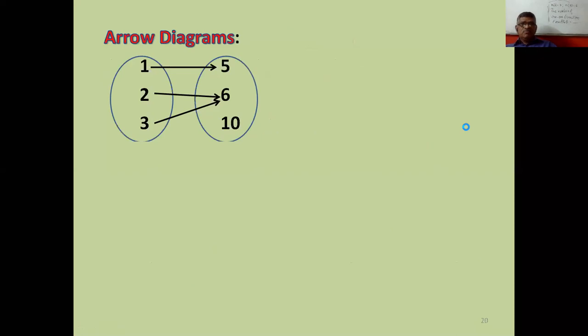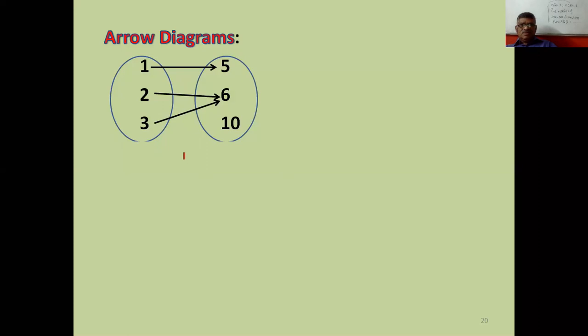Now from the diagram, can you identify what kind of function this is? I have not written any elements, but you can read. What kind? Come on. Who will respond? Pushti, keep your microphone on and tell me, what kind of function is this?